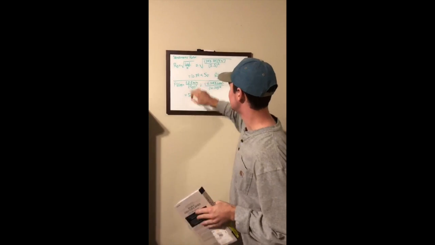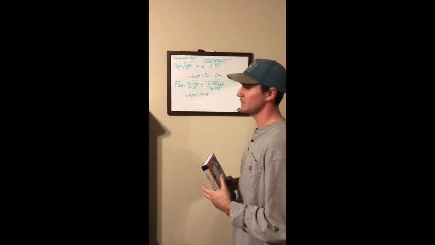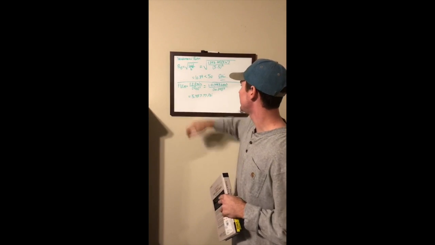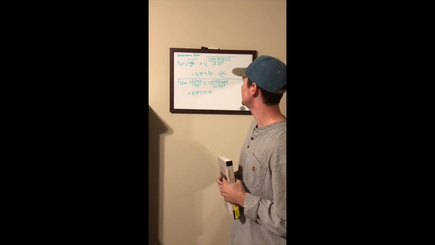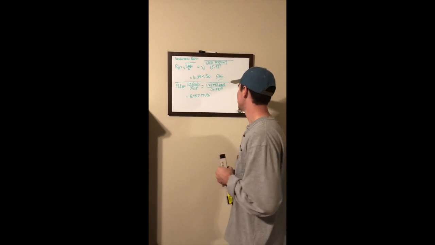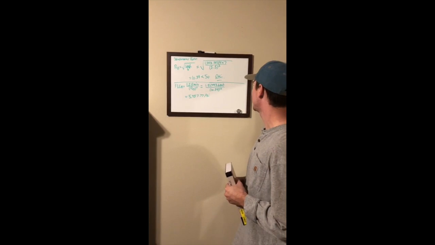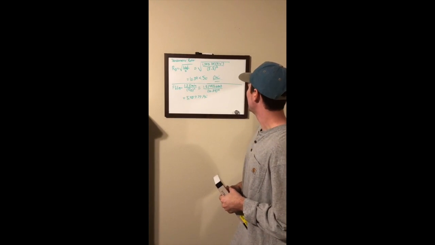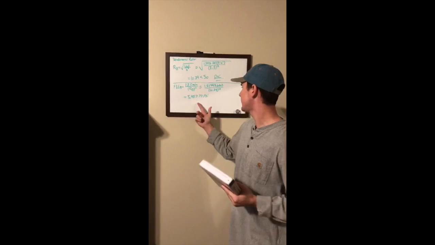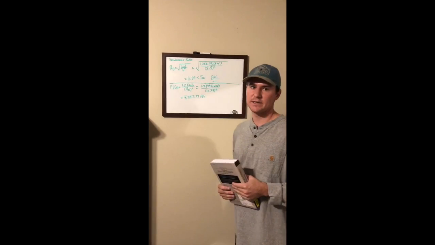This comes out to 10.39, which is less than 50, which means it's okay. We take this and put it into the FBE equation, which is 1.2 times E min over RB squared. So we have 1.2 times 493,680 over 10.39 squared, and this gives us 5,487.77 psi.